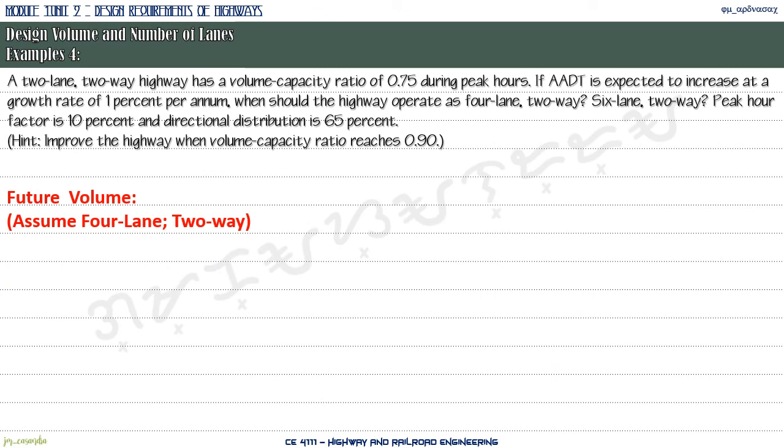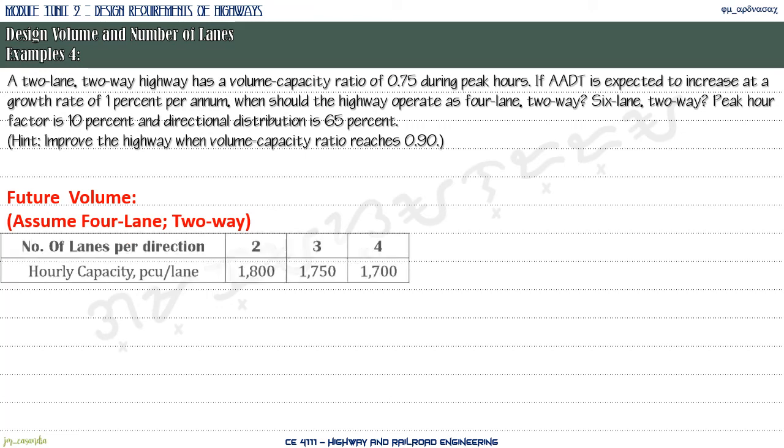So for the future volume, since this is a two-lane, two-way highway, and we want now to know when we are going to expand our road section. So if we are going to expand, we simply start our expansion with the next higher number of lanes, which is a four-lane, two-way.